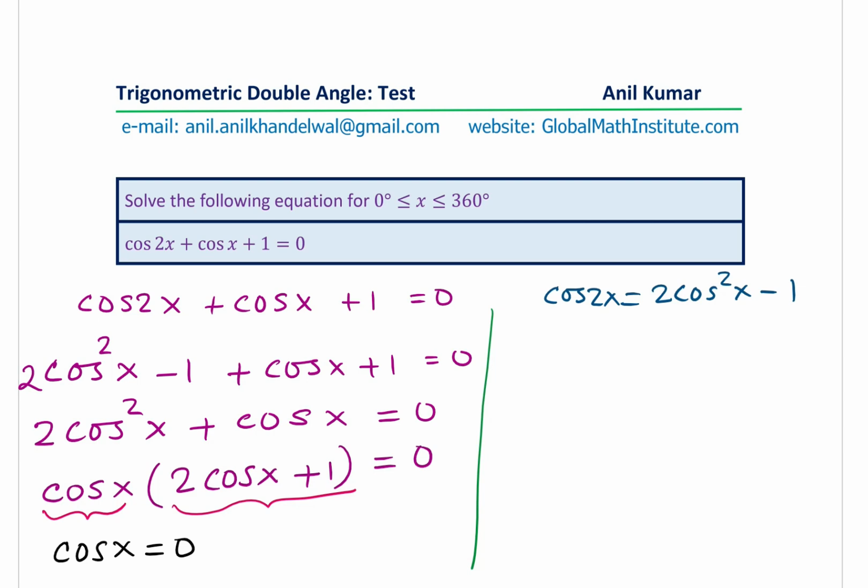Within this interval, we have to find all the solutions between 0 to 360 degrees. So it's a good idea to sketch the graph of cosine x to see where we get zeros for cos x. So clearly we have these zeros at 90 and 270 degrees. So we can write this as x equals 90 degrees and 270 degrees, correct? So we get two solutions from the first one.